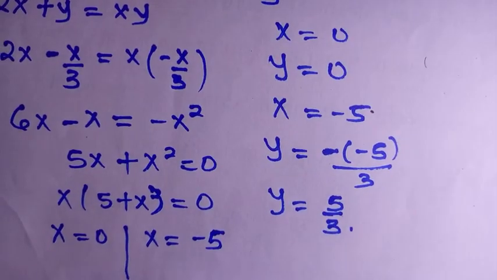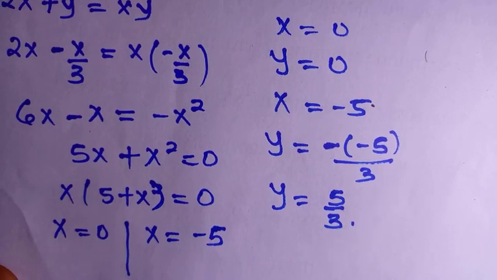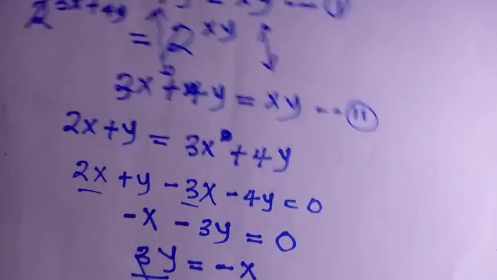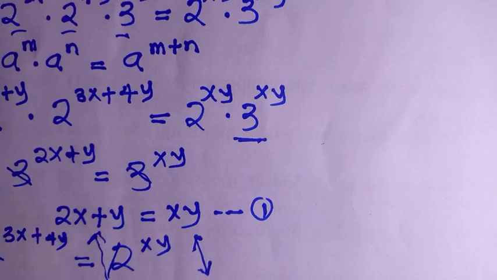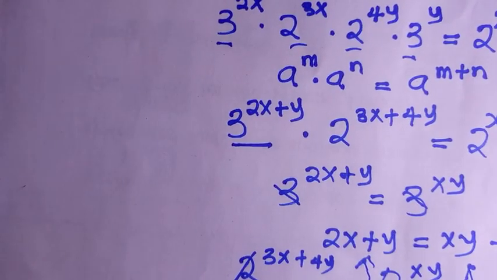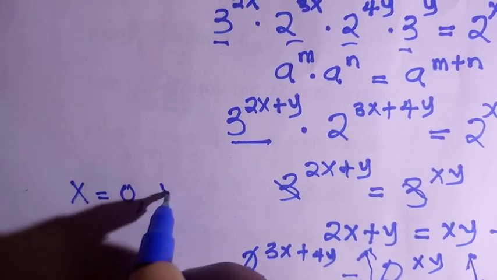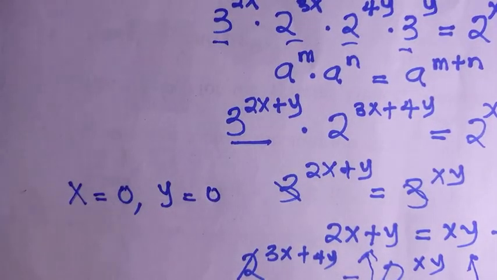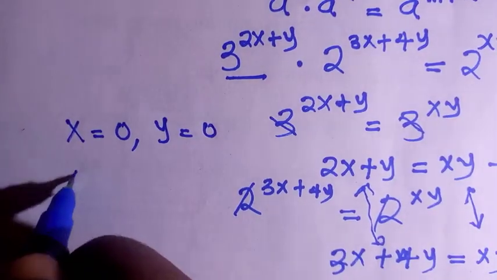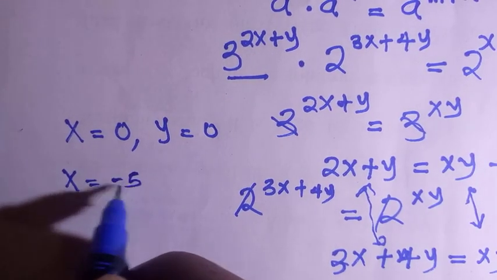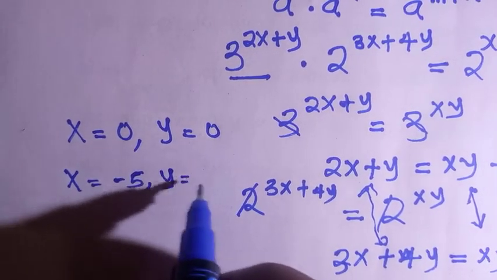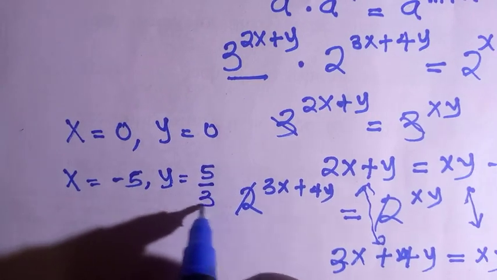So there are two solutions for x and y: x is 0, y is 0, and x is negative 5, y is 5 divided by 3.